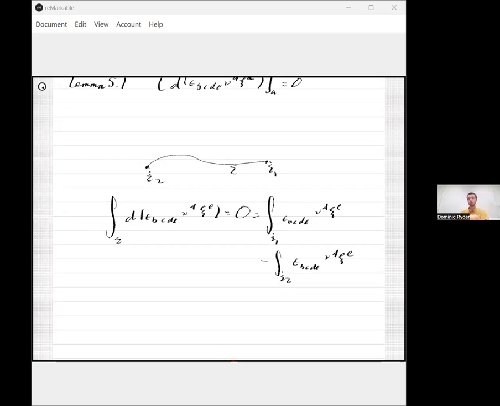Now, let sigma 1 dot be our Cauchy surface from before, a two-sphere at infinity, which was S. And let sigma 2 dot be H, the intersection of the event horizon with the Cauchy surface.